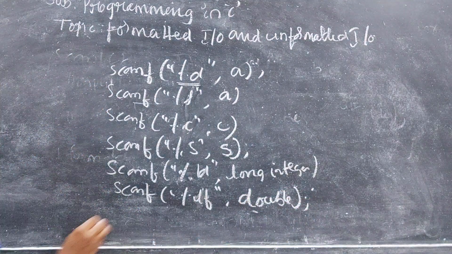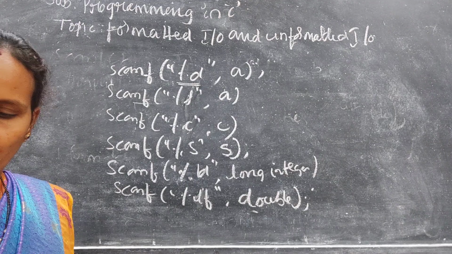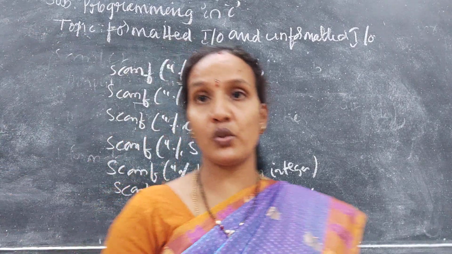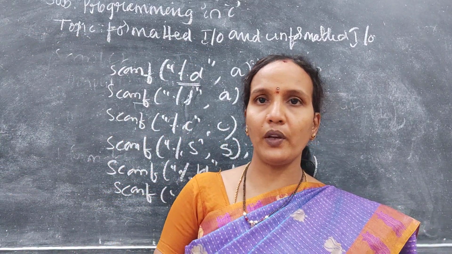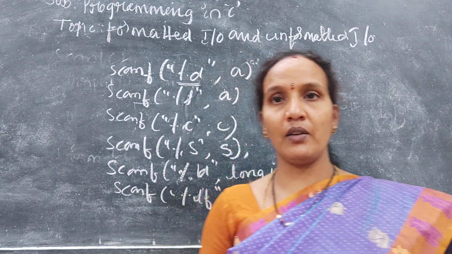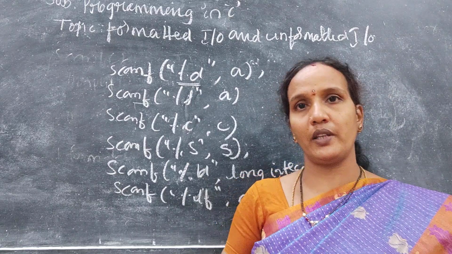Okay, you take a screenshot of this. Because when you are taking different types of input, you should inform the compiler what type of input you are taking from a user. So that is why you should know what to write if it is a character, a float, or an integer.